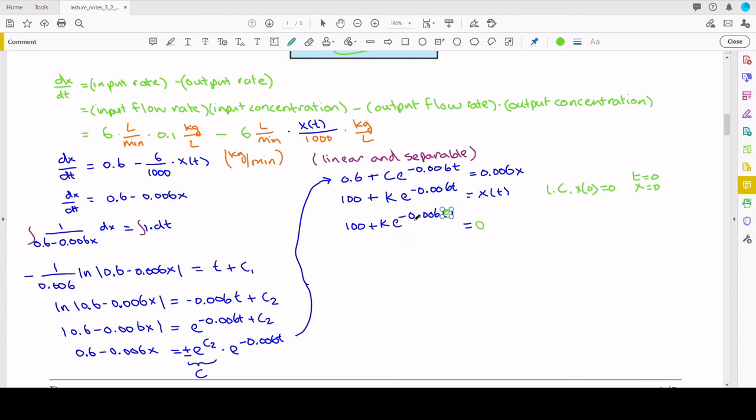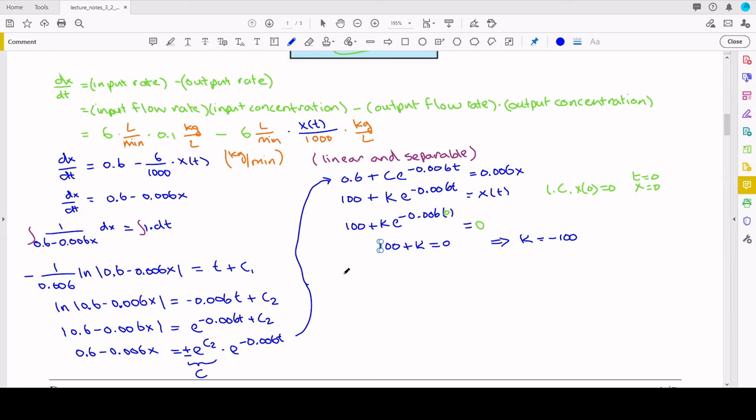E to the power 0 is 1, so you get 100 plus k. So we get 100 plus k equals 0. So our value for k is equal to negative 100.